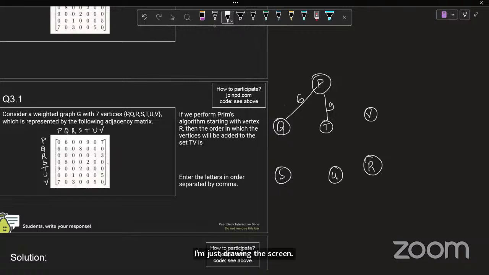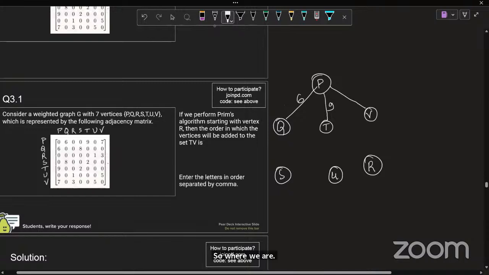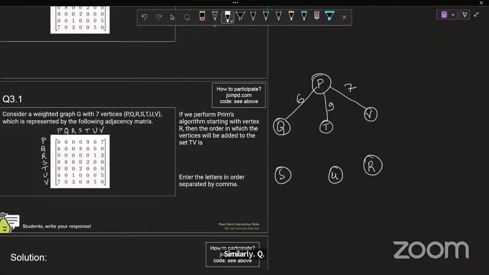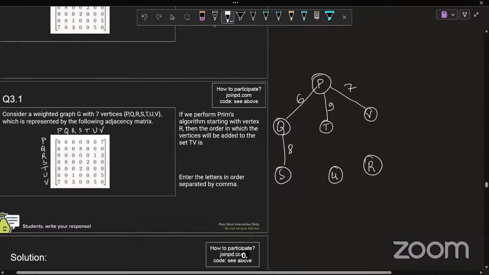So where we are, P and R, and P and U, P and V, there is PV, that is 7. Similarly, QP is done, QQ is 0. QS is 8. What about Q? Nothing.